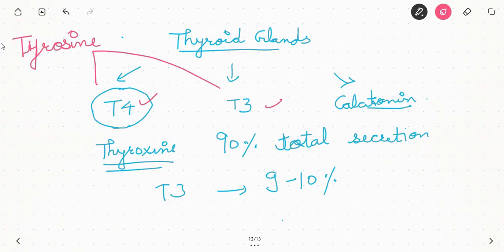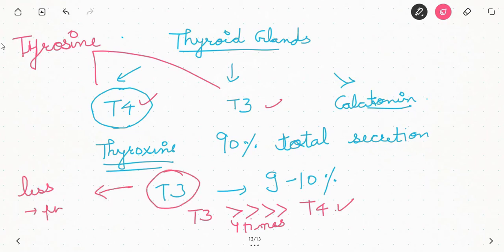The potency of T3 is 4 times greater than that of T4. The T4 acts for a longer duration than T3. The T3 has less affinity for plasma protein and combines loosely with them, so it is released quickly.